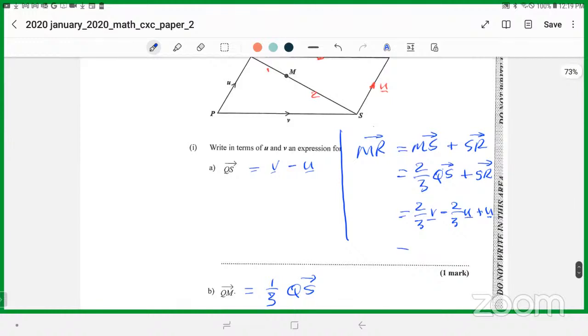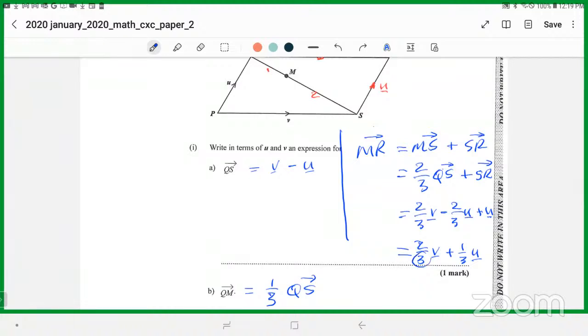And then we're going to consolidate these two values. So 2/3 V comes back unchanged. And then now we have a whole U minus 2/3 U. A whole minus 2/3 gives you 1/3. So it becomes 1/3 U. But the question says factorize a third from it.